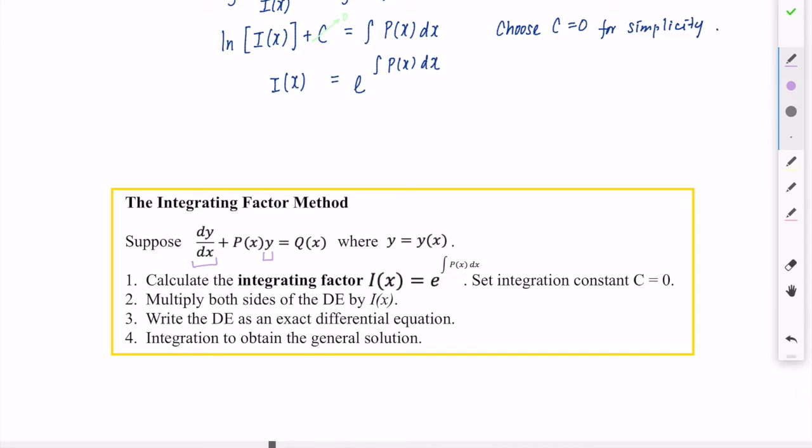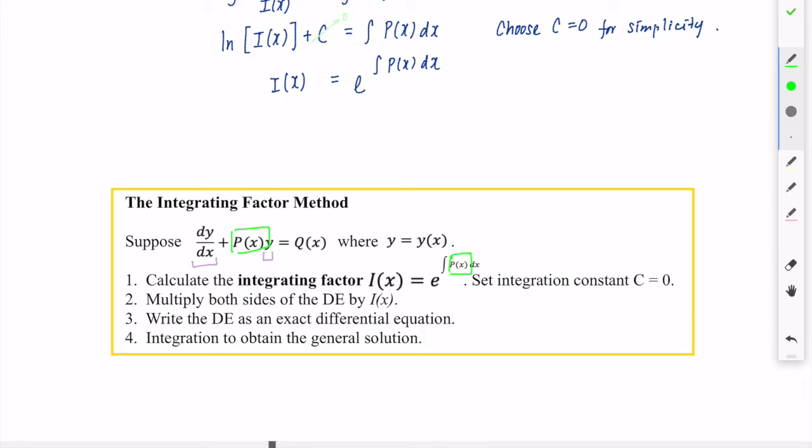The integrating factor is I of x equals e to the power of the integral of p of x, whatever that y is being multiplied to. Let me color code it here, maybe in green. So this p of x is this p of x here. And then we can set that integration constant to 0, just to keep things simple. Then you can multiply both sides of the differential equation by this integrating factor to turn it into that product rule looking thingy.